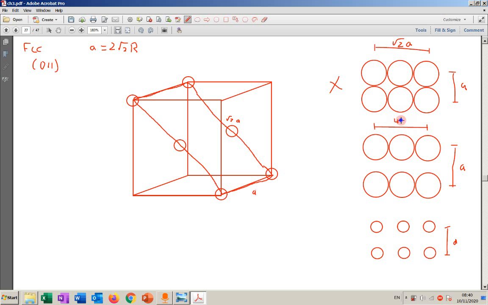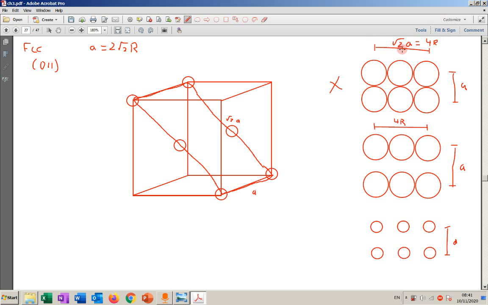Now, is this equal to 4R? Because this is root 2 A, this length is root 2 A. We'll check. We have 2 root 2 times root 2, because root 2 times root 2 is 2, and 2 times 2 is 4. That means it is 4R.